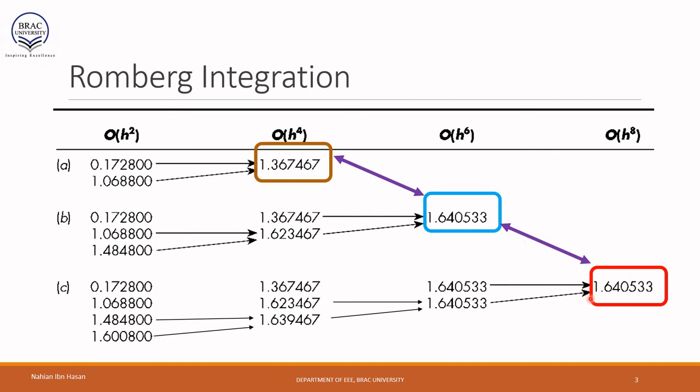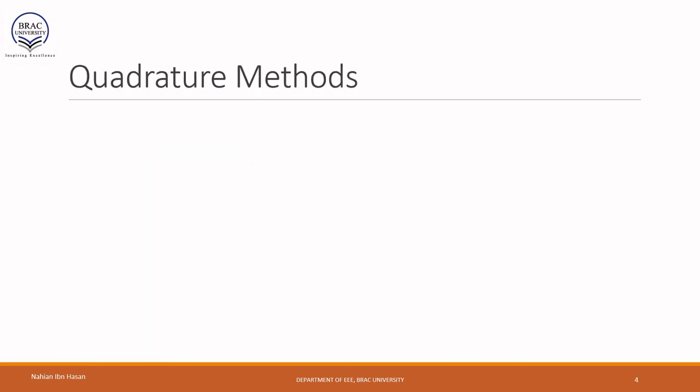So that's enough. If I do the calculation for this application until the third level of integration, that would be enough, because that would give you an accurate result which is very, very close to the original true integration value. Okay, so that was the Romberg integration.